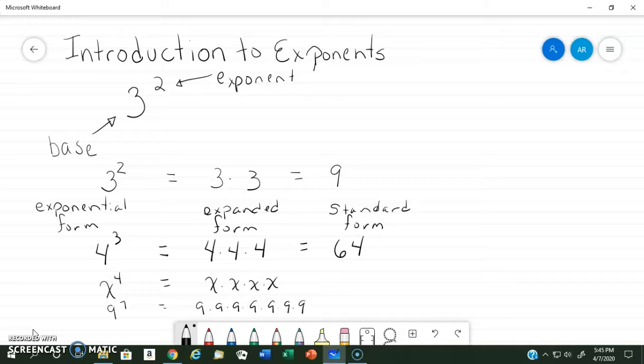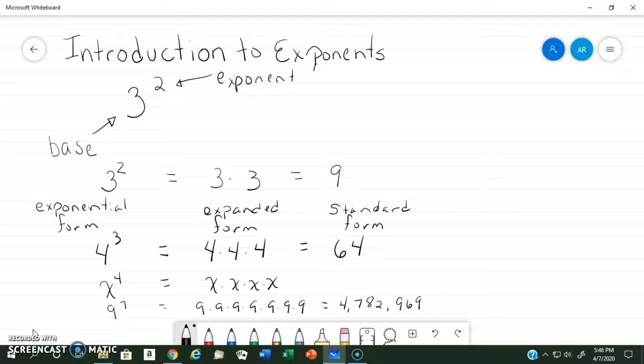Let me double check I got 7. 1, 2, 3, 4, 5, 6, 7. And that ends up being 4,782,969 for the standard form. So you can see exponential gets us up there pretty quickly into the higher numbers.